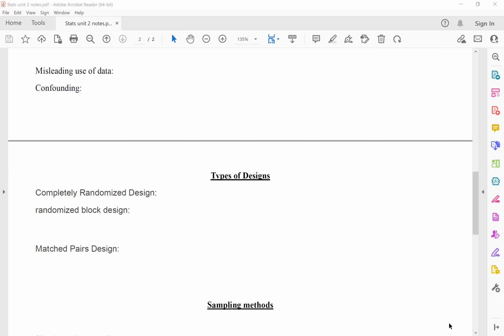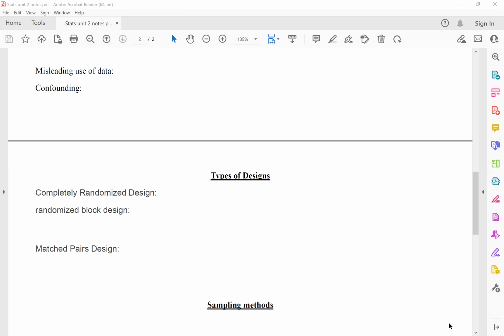From each of those groups, males or females, I'm going to choose random people from each group. I'm going to choose 10 people from the males and 10 people from the females. Does that really represent my population? Maybe not. Maybe I have more females or more males in school, but I chose the same amount per block, per group.